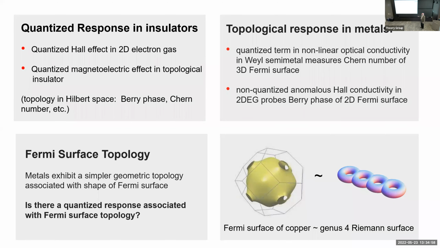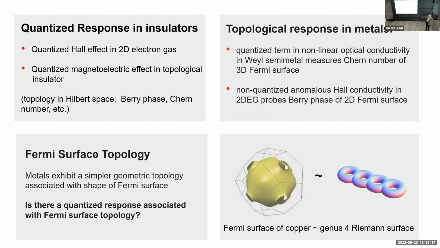So for instance, in a three-dimensional topological insulator, there's also a topology of the band structure, which shows up in another kind of quantized response function. Now there are more caveats associated with this one.